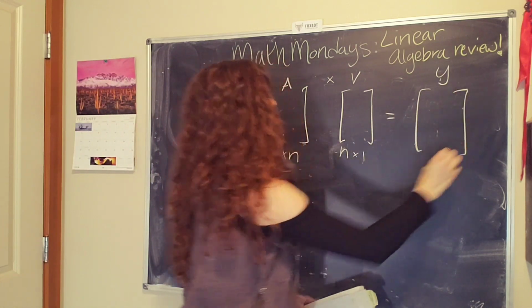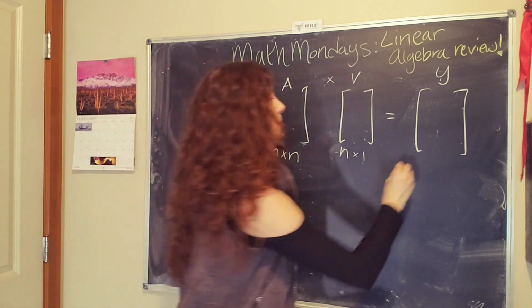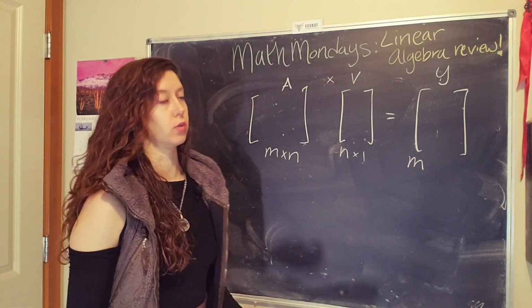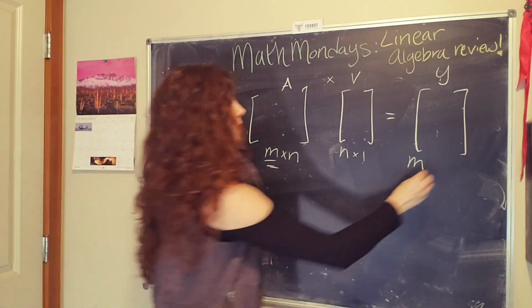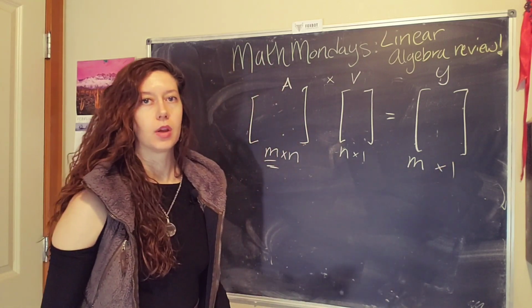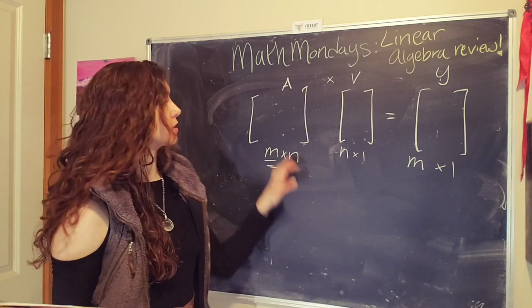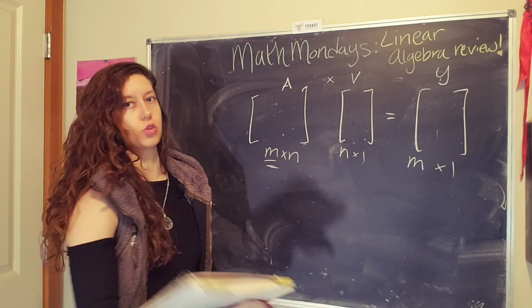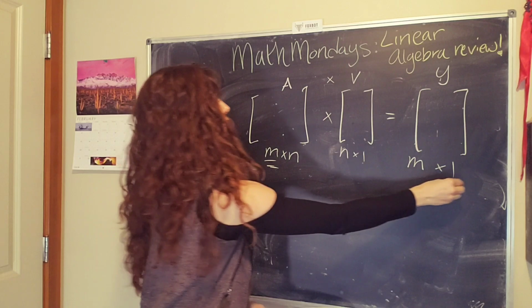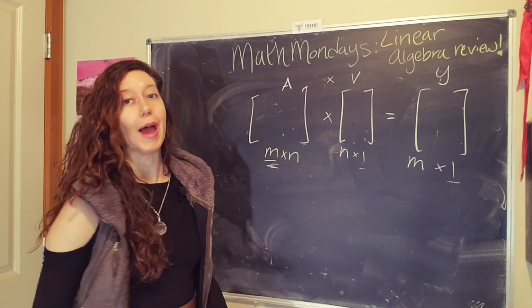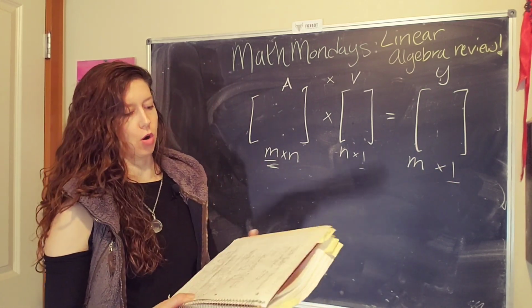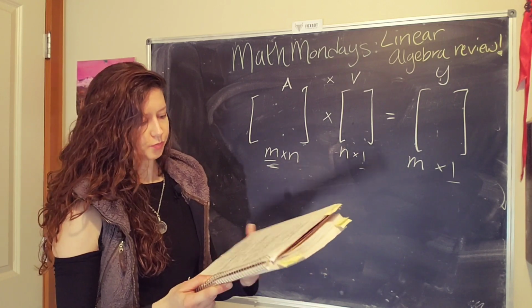But our new vector has m number of rows and one column. So in a sense, our new vector has inherited properties of both the matrices: just one column from the vector and m number of rows from our full matrix.